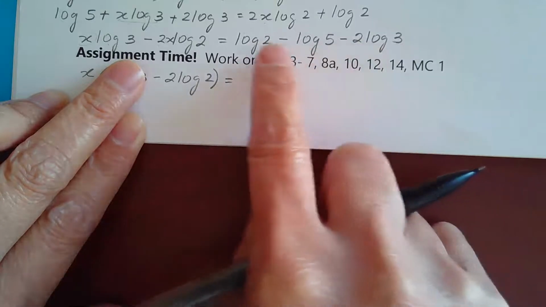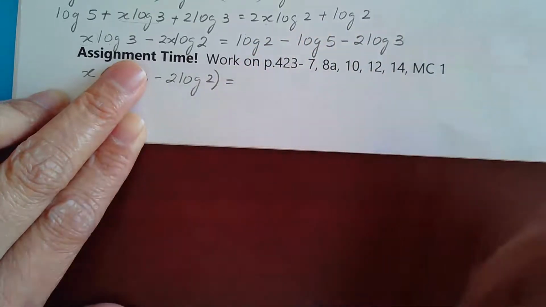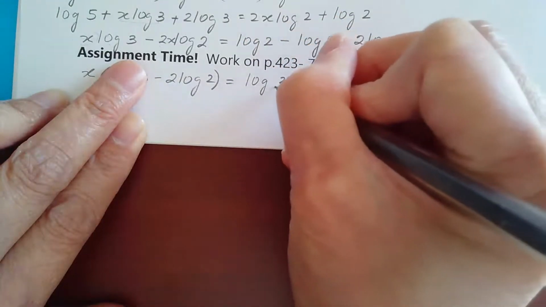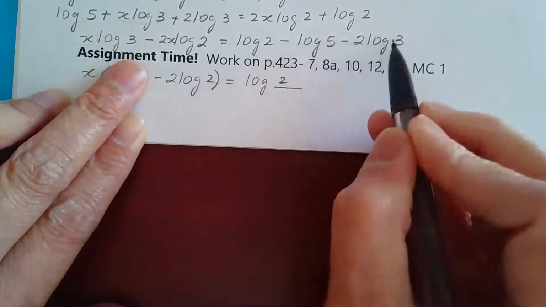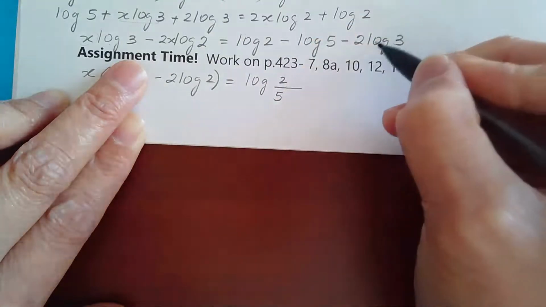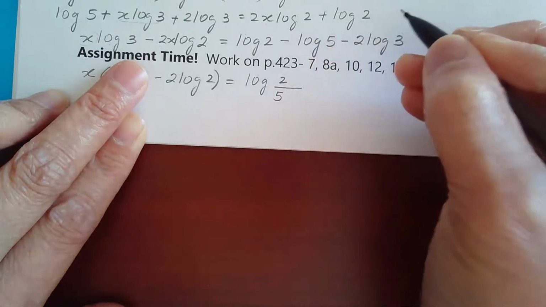So what we can do is simplify all of this to log of 2. Because it's being subtracted, that means we have to divide by 5, and then we're going to divide by, oh, I'm jumping so much in here.